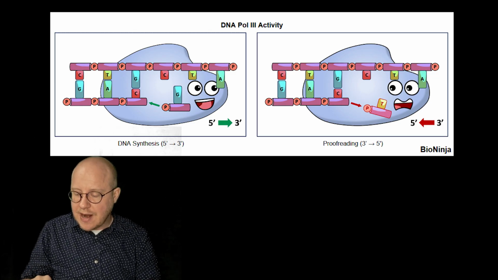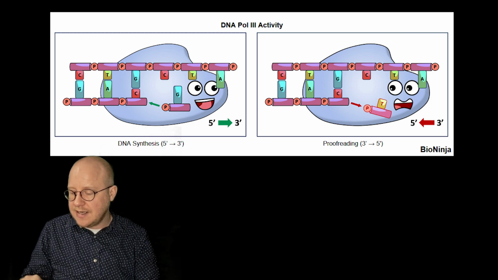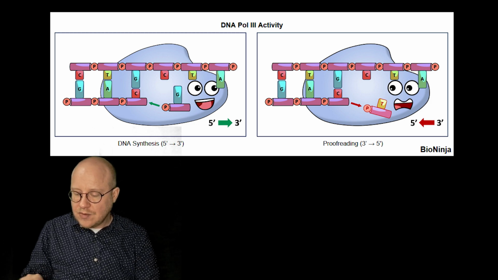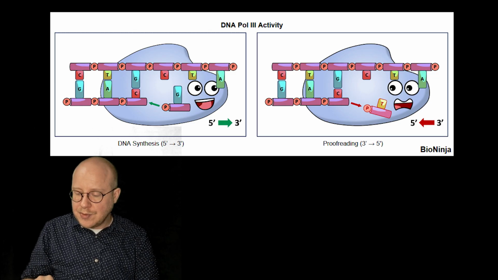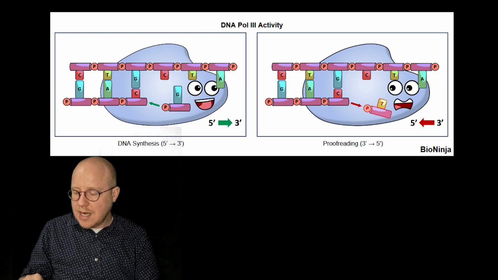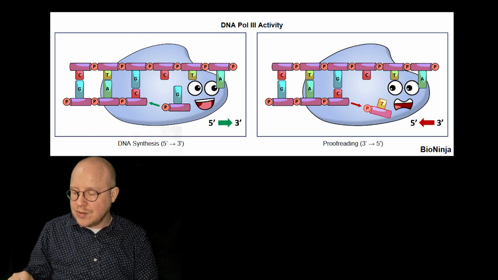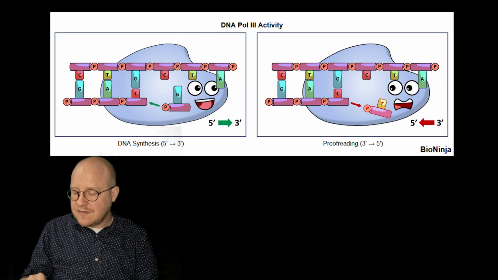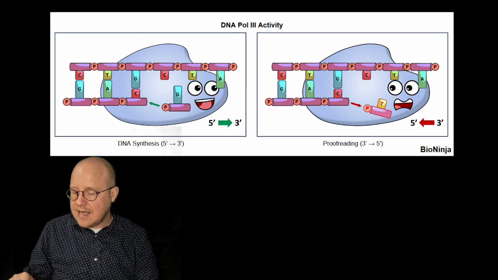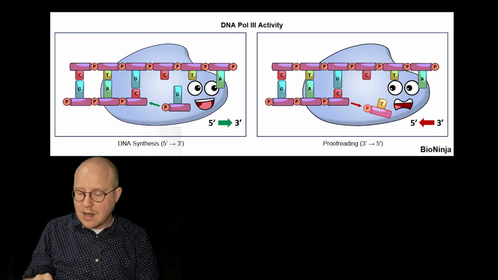It checks for accuracy in the daughter strand it is synthesizing. It can recognize mismatched nucleotides and remove it from the 3' end of the daughter strand. After the removal of a nucleotide mismatch, it reverses direction and resumes the synthesis of the new strand.